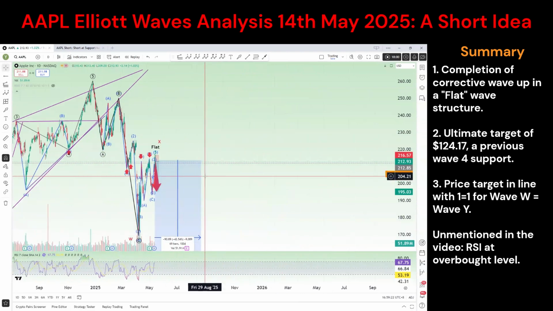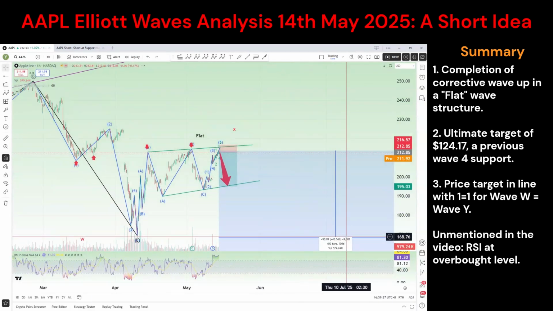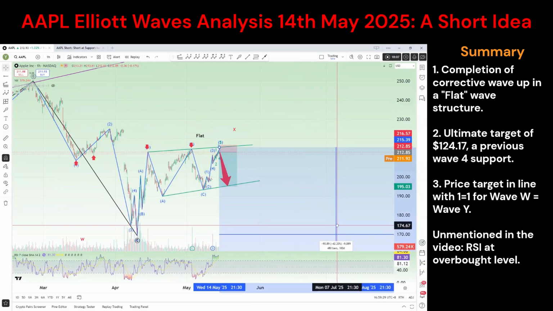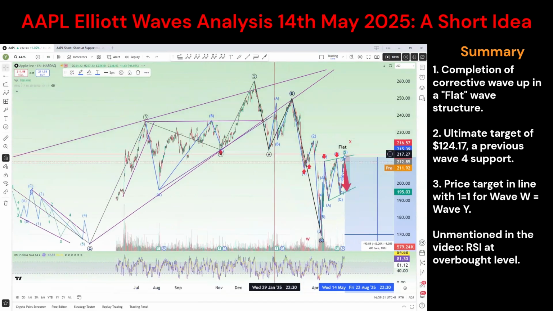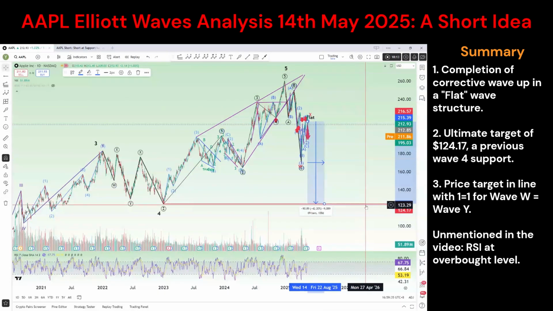But if I put it where the trend line is, where just now I put the trend line, what happens then is that when I look at the target again, it actually matches exactly at 1 to 4.27.